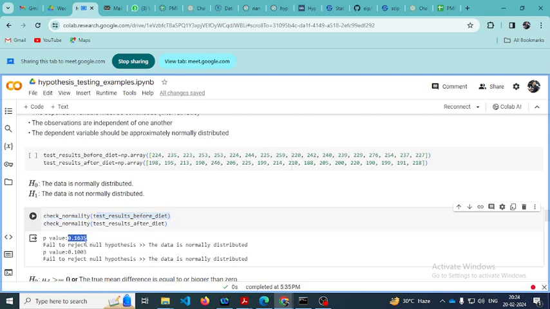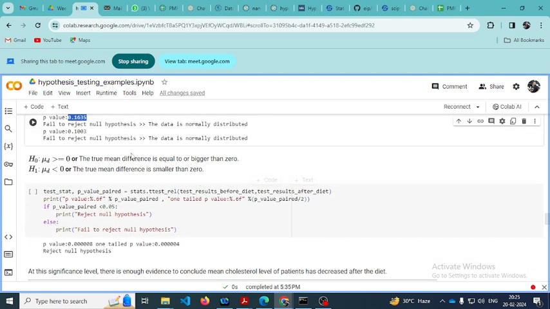This is not less than 0.05, so it fails to reject your null hypothesis. What is your null hypothesis? My null hypothesis, I am going to assume, is that the mean of that particular diet difference is greater than or equal to 0. So the data is normally distributed.